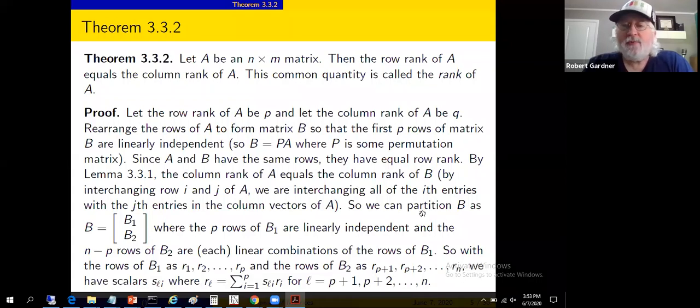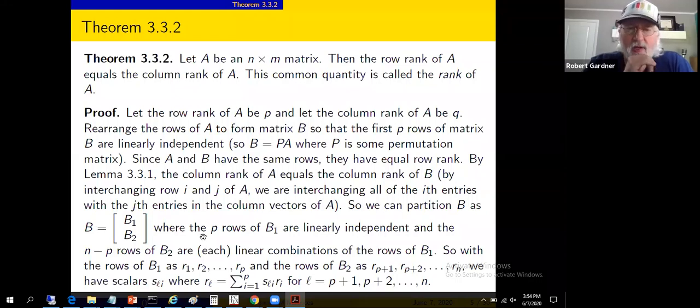So what we're going to do is partition matrix B into two pieces, looking for the linearly independent stuff. Take B and partition it as B1, B2, where B1 involves the first P rows, the linearly independent rows, and the remaining n minus P rows we'll put in B sub 2.